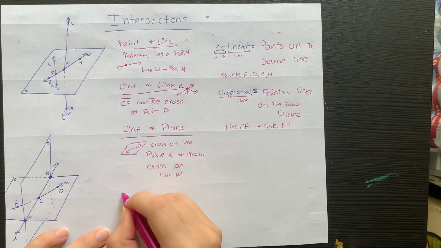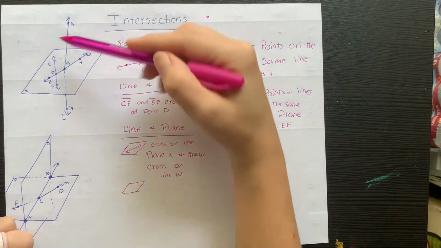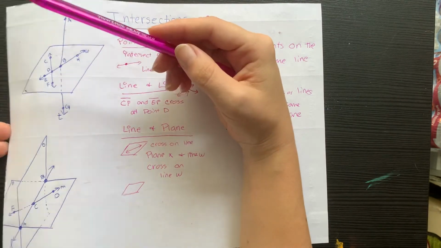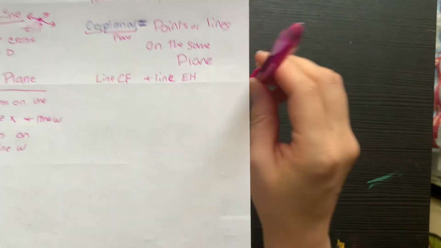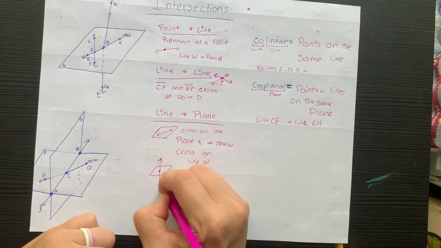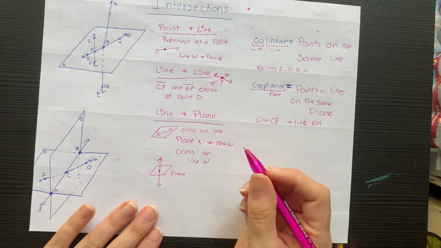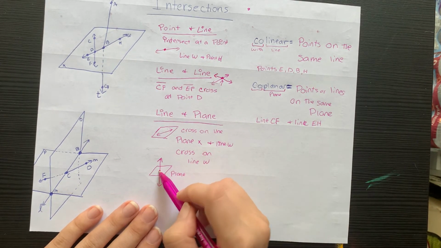The second type is when the line goes up through the plane, like this line here. Kind of like I took a piece of paper and stuck a pencil up through the top of it. Right? It can also go like that. So it's going up through it. In this case, the plane and the line only touch in that one spot.